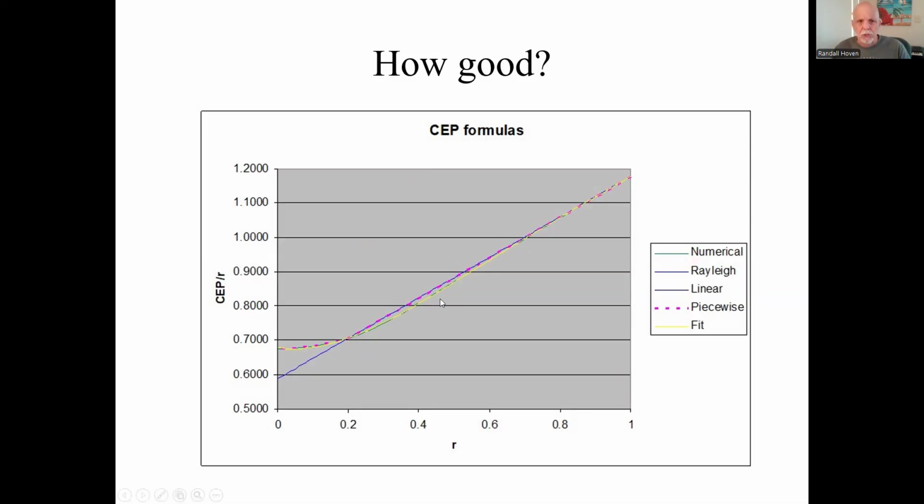The green one is the truth. It's kind of hard to see. But they all get close to the truth as you get close to 1. And it's only down here, where the ratio between the smallest and biggest is under 0.2, that you can start getting into trouble.